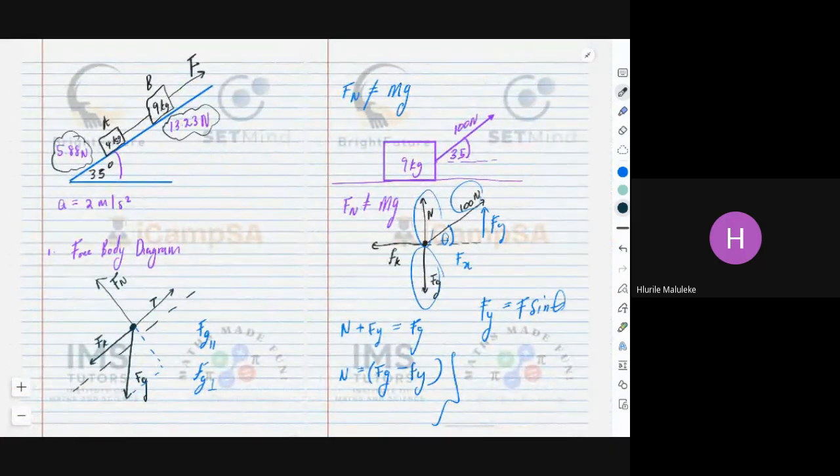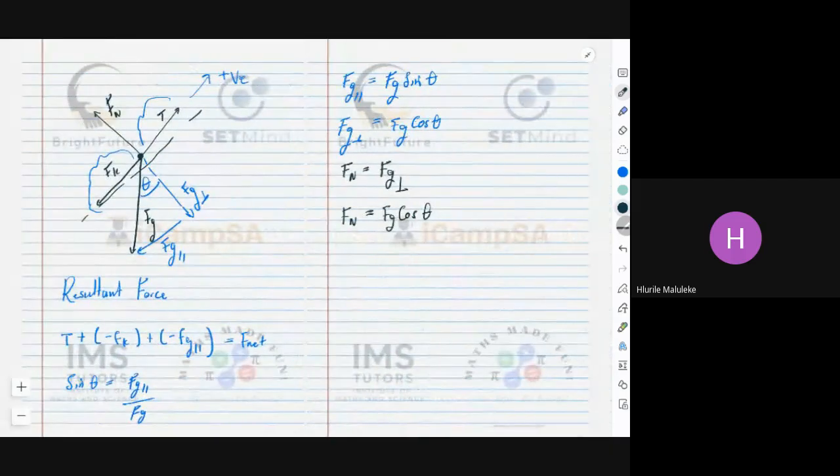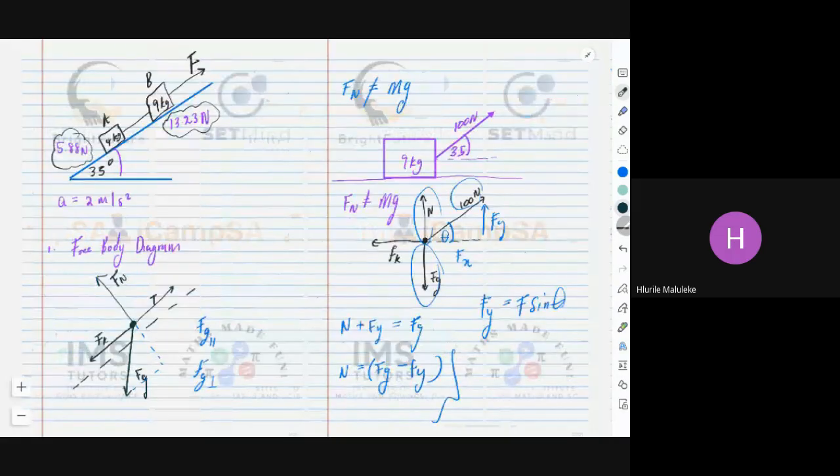So in this case, they didn't give us the F. They gave us most of the stuff that we needed. So starting from this one here, we can say T plus, this is the first box, which is 4 kg.